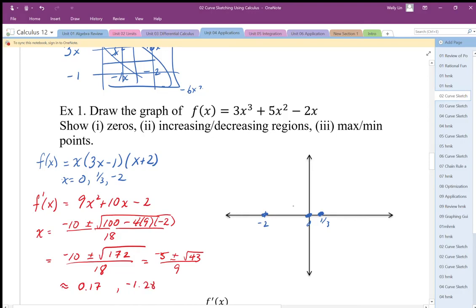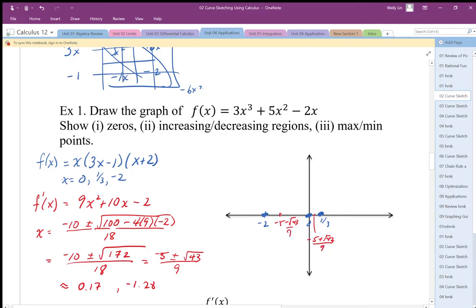Okay, so maybe somewhere around here, negative, so that's going to be the negative version. I'm just going to write that as negative 5 minus square root 43 over 2. And then here, this is going to be negative 5 plus square root 43 over 9. So that was over 9, not over 2.